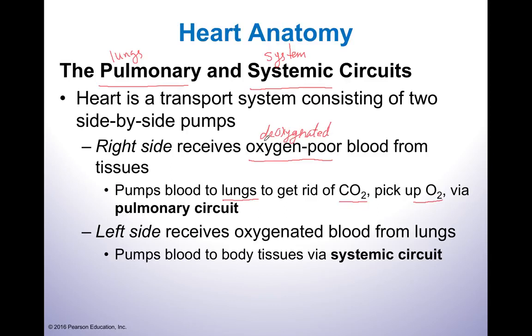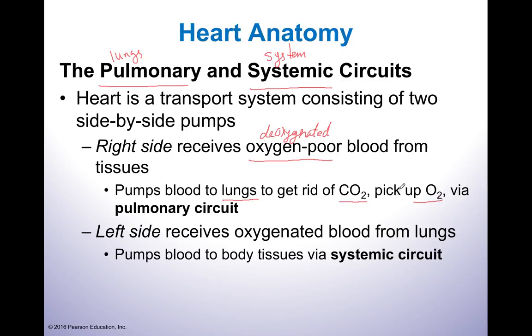Oxy implies oxygen. So deoxygenated blood implies oxygen poor blood. That is going to go to your lungs, and you get rid of the CO2, which you have at high concentration, and you pick up the oxygen, and in that sense, your blood becomes oxygenated.